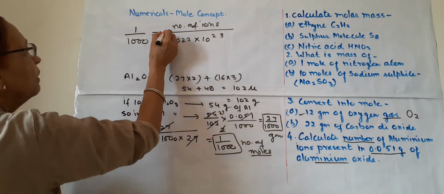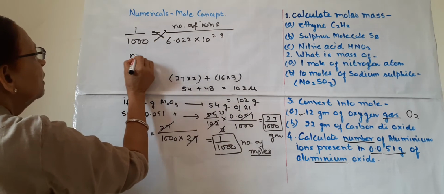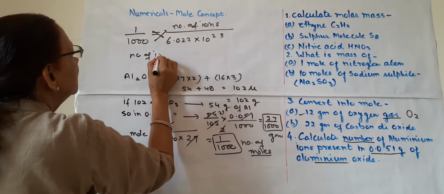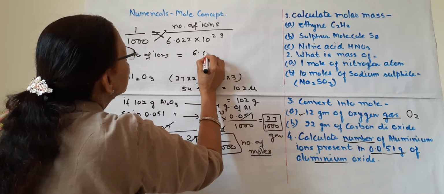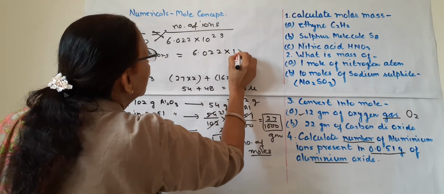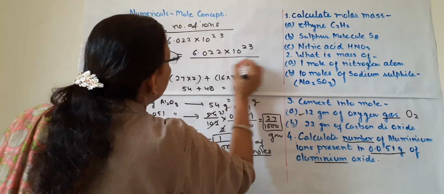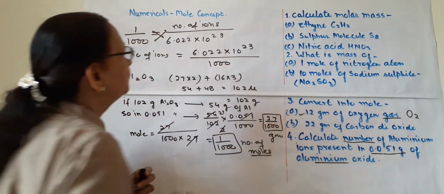So by cross multiplication, the number of ions will be 6.022 into 10 to the power 23 upon 1000.